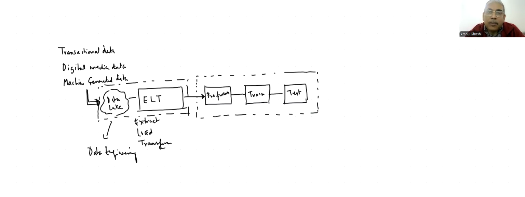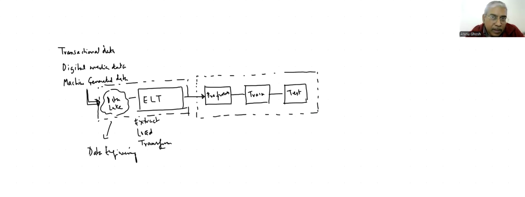Data warehouses are built on OLAP systems. The process of converting data from the OLTP system to the OLAP system is called the ETL process, extract, transform, and load. You extract the data from the OLTP system, transform the data so that querying becomes easier, and load the data into a data warehouse or OLAP system.